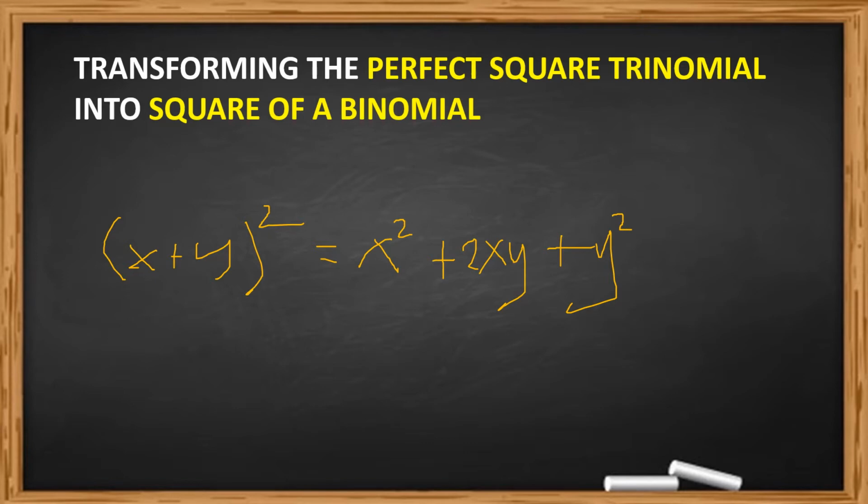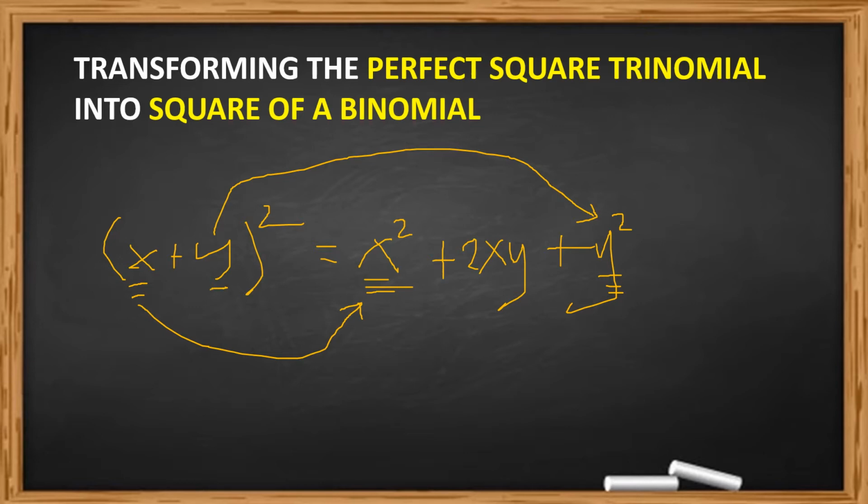As you can see, the first term in our perfect square trinomial is the square of the first term in our binomial. And the last term in our perfect square trinomial is the square of our second term in our binomial here.